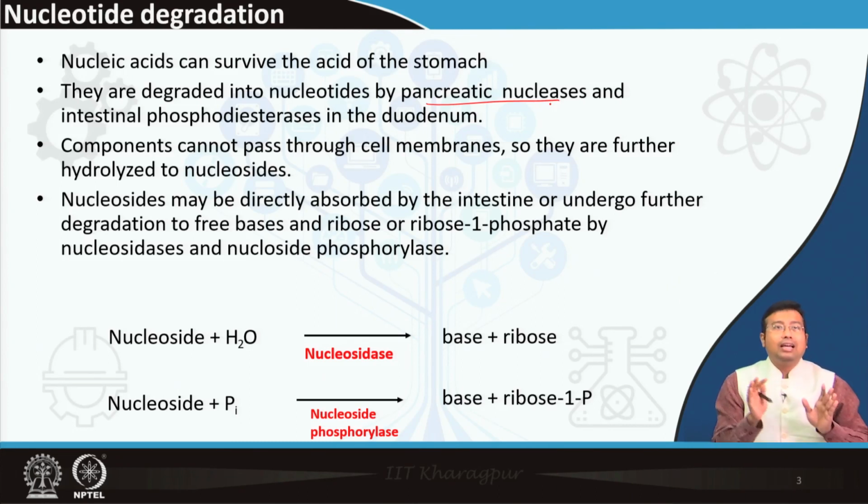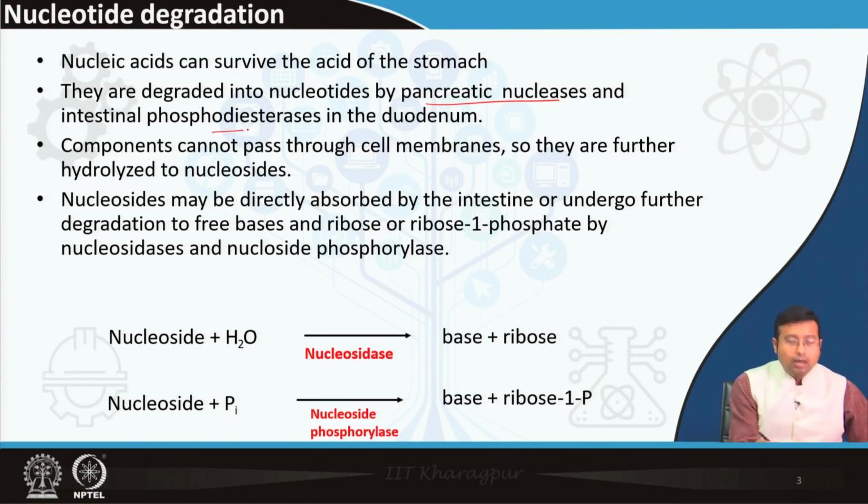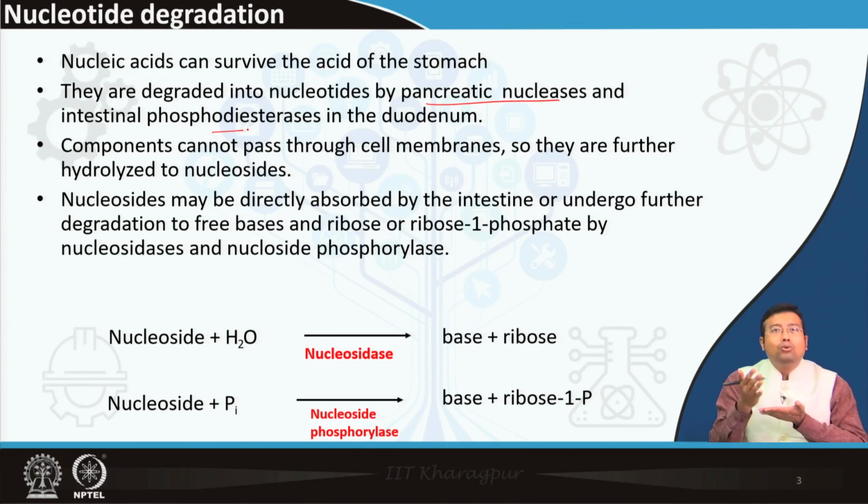And also intestinal phosphodiesterase. DNA and RNA are basically nucleotides connected by 3' 5' phosphodiester bonds. The enzymes that break those bonds are known as phosphodiesterases. When these nucleases and phosphodiesterases act on them, they are hydrolyzed and broken down into small nucleotides.